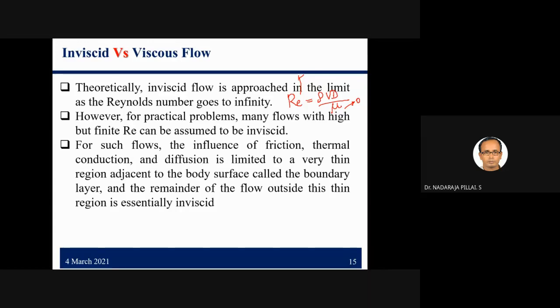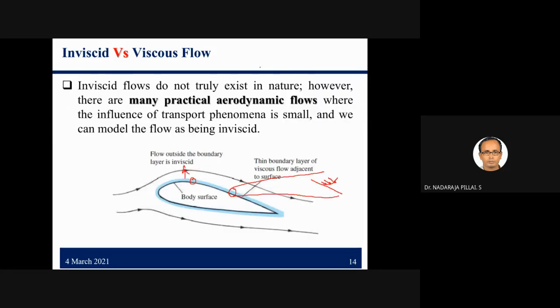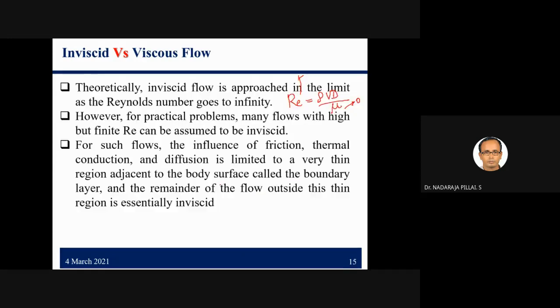The reason is that the influence of friction, thermal conduction, and diffusion is very much limited to a thin adjacent layer, right? So this thin adjacent layer is subjected to these phenomena. So we can consider the flow as an inviscid flow, and we can do all our theoretical calculations by considering the assumption that it is an inviscid flow.